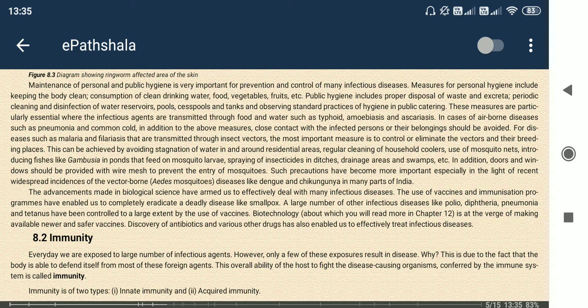So when we face those organisms or foreign molecules that cause diseases inside our body, the resistance against these molecules or organisms is actually the immunity.